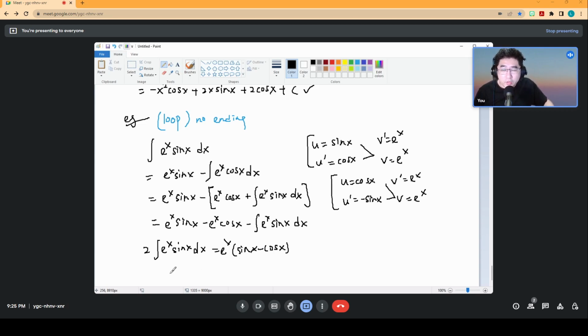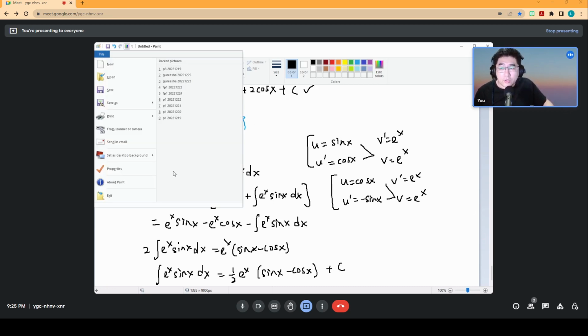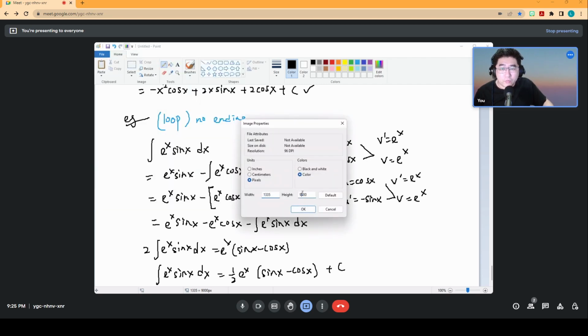So bring the 2 over to the other side. You have the integral of e^x sin x dx equals 1 over 2 e^x times sin x minus cos x plus c. Now finally you can put a plus c because that's the end of your integration.